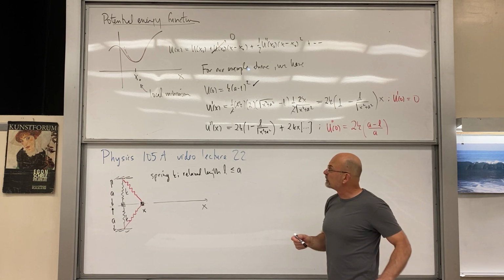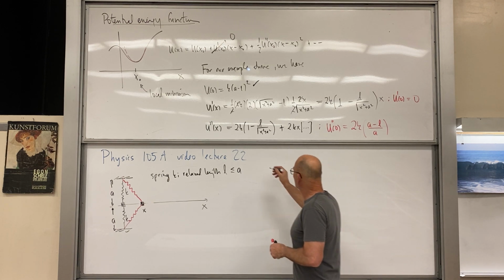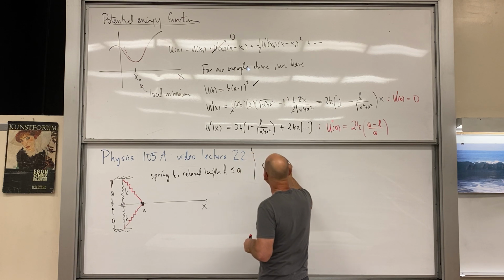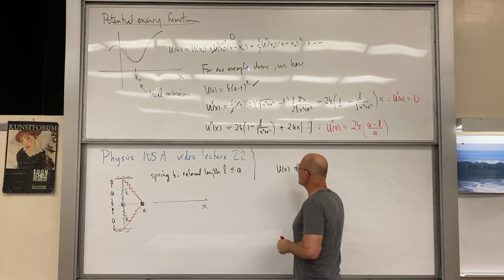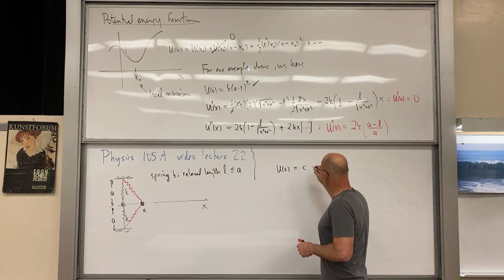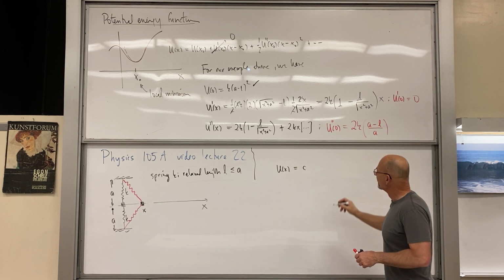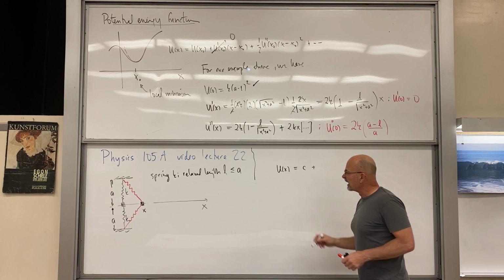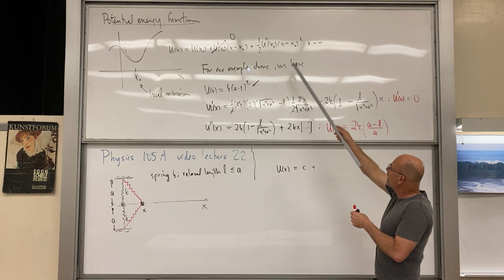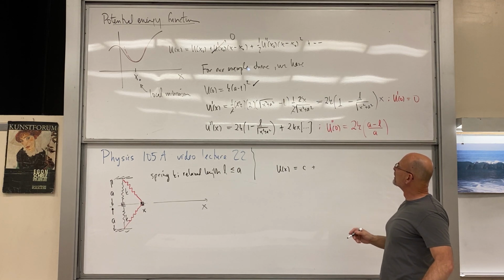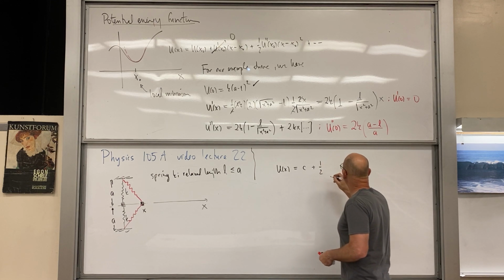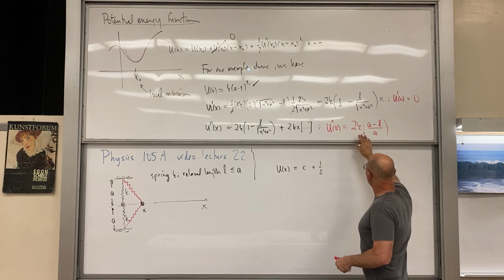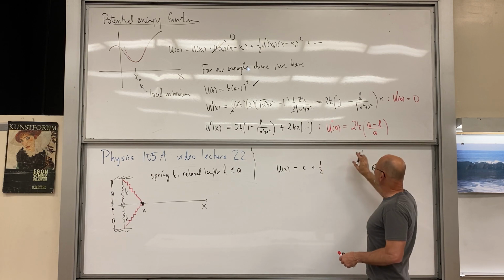So what does our expansion look like? We have u of x is equal to a constant. I'm just going to write c, that doesn't bother us. And it's 1/2 u double prime of x0, etc. So 1/2, and there's a reason to keep the 1/2 out here.